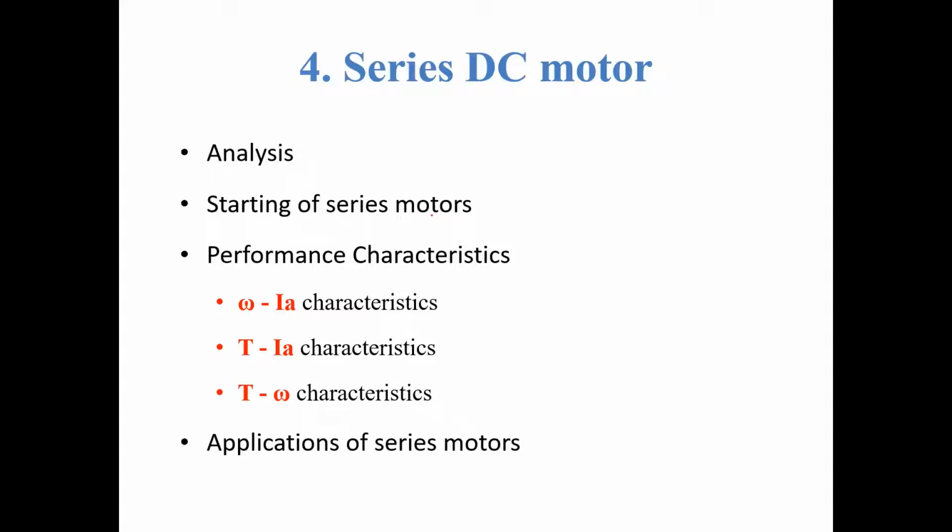Now let's come to see the series DC motor. In this part, we are going to see the analysis. The starting of the series motor is very important. We are also going to see the performance characteristics and the application of the series motor.